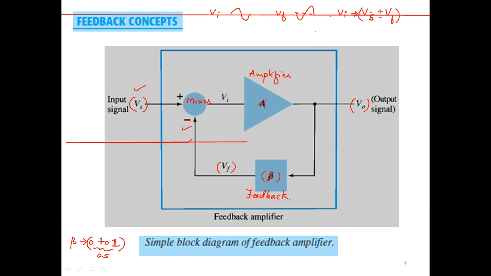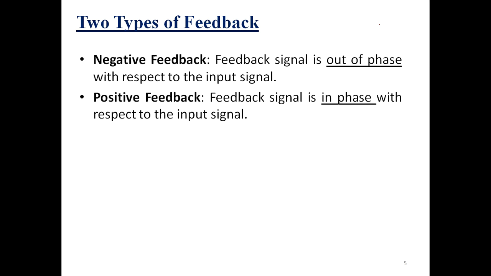So this plus means both of them are in phase, Vs and Vf are in phase. Minus means Vs and Vf are out of phase. Now can we call this in phase and out of phase by some proper technical words? Yes. How?